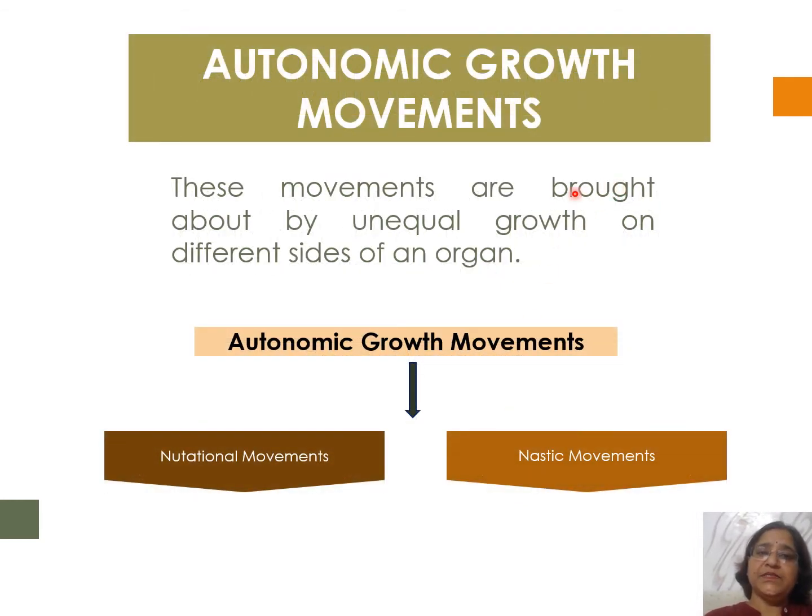Autonomic growth movements are brought about by the unequal growth on different sides of an organ, and this is because of an internal stimulus. They are further of two types, nutational movements and nastic movements.